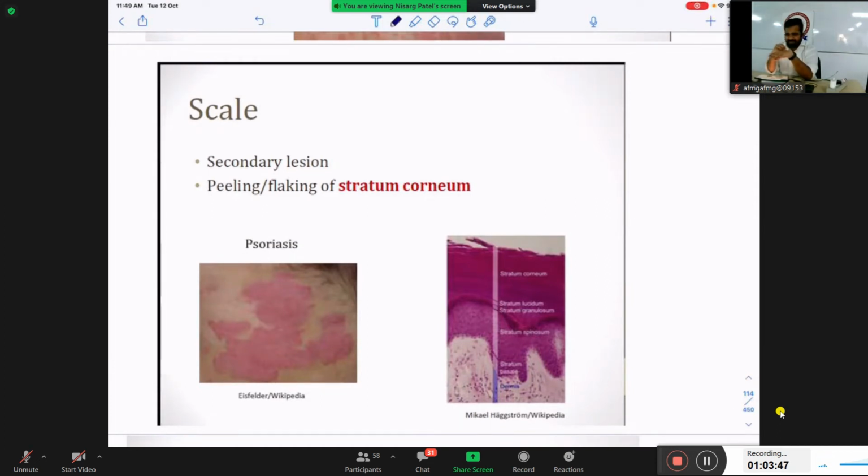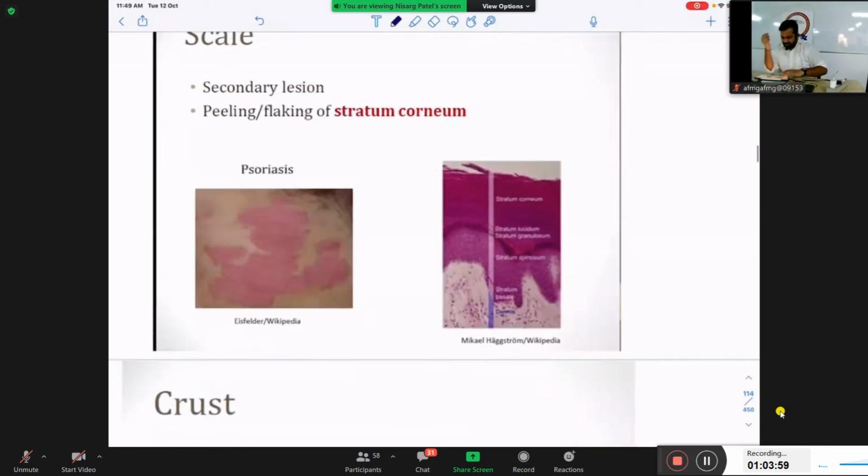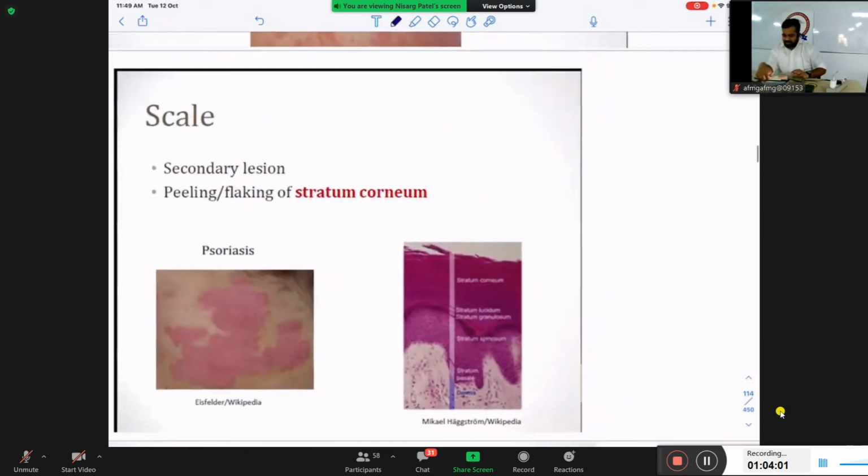This scab, formed because of primary intention of wound healing, this superficial area which comes out, pathologically it is known as a scale. So what is a scale? It is a peeling or flaking of the stratum corneum. If I am itching my skin, I am removing the stratum corneum. It is most commonly seen in fungal disease.